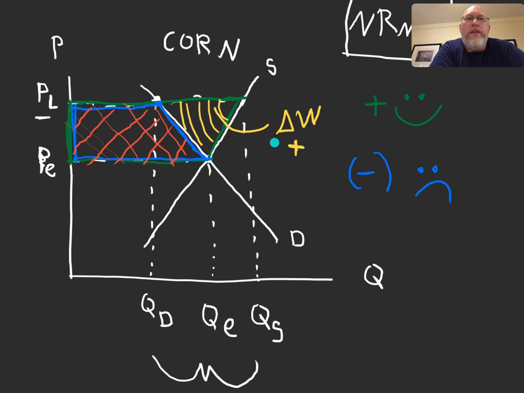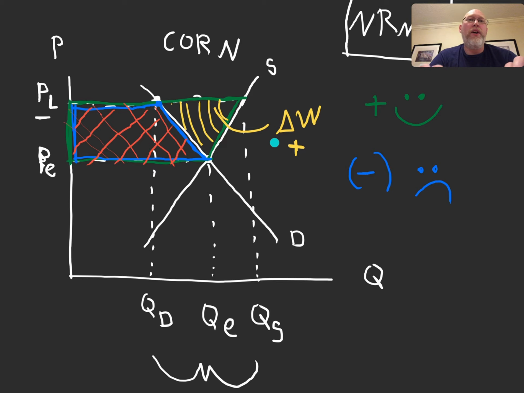Another concept we have to remember is the concept of the compensation principle. We talked about this before. We said if the winners win such a large amount that we could in theory tax them and then cut a check to the losers to reimburse the losers for what they lost, and if the winners are still ahead, then the policy is a net gain. And that's what this is.